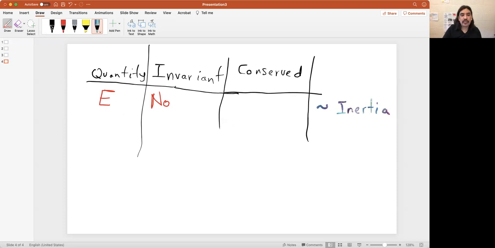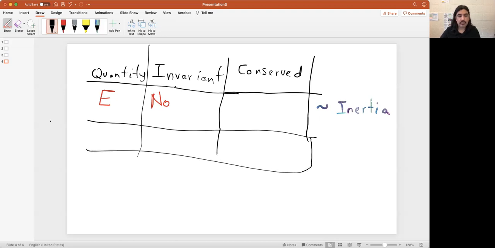All right, so then another quantity. This next quantity would be the internal energy. And the question is, is internal energy invariant?